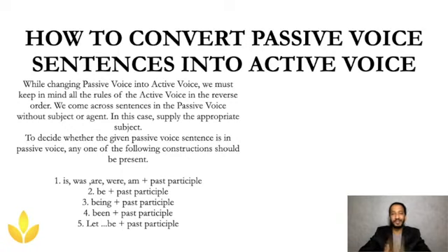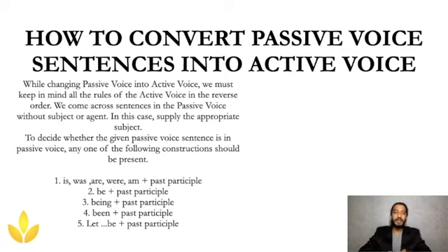We have 5 different types of structures for a passive voice. The first one is, usually the sentence will have is, was, are, were, am. These are helping verbs, or the auxiliary verbs that will be used. Along with that, you will have the past participle form of the verb. Most of your passive voice sentences are usually in the past participle form.